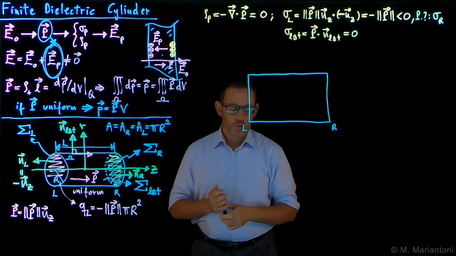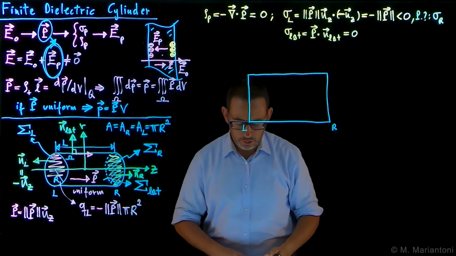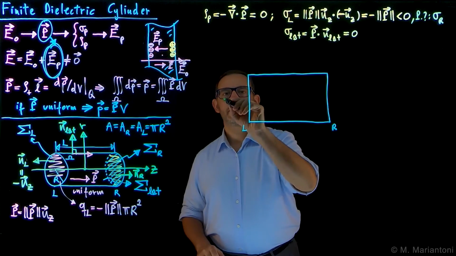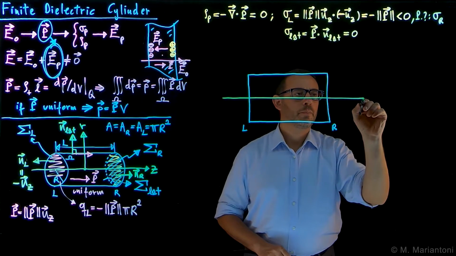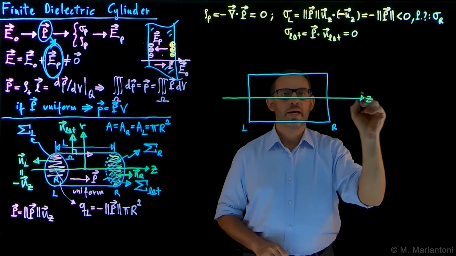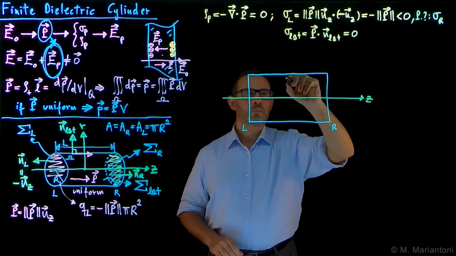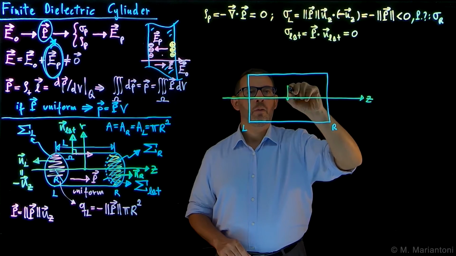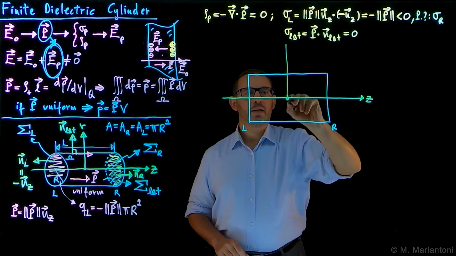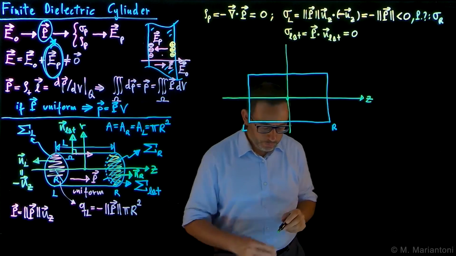Okay? Now as always, let's sketch our coordinate system, where this is the z-axis, this is the origin here, so this is the r-axis, and I will leave it like this.